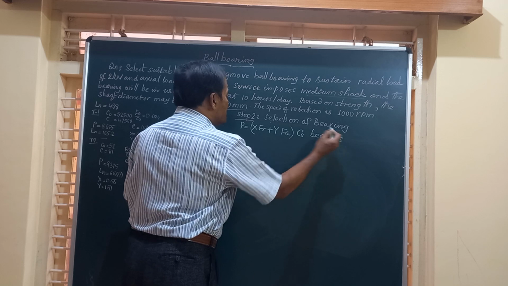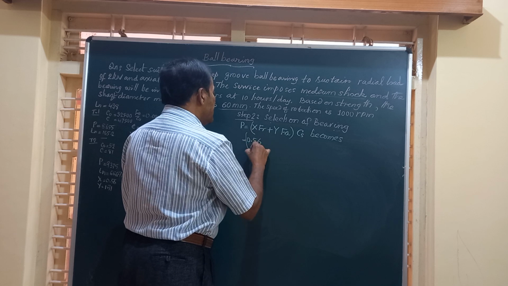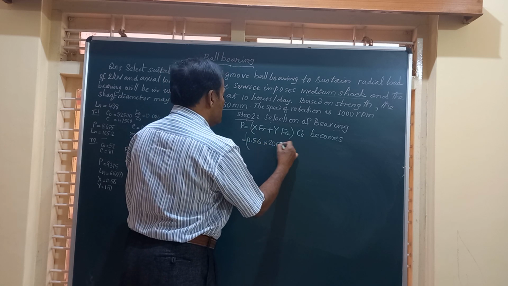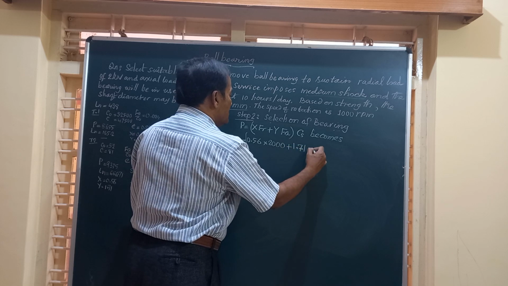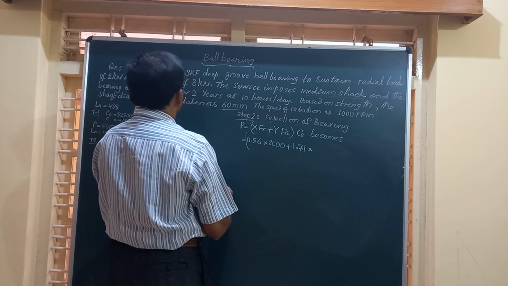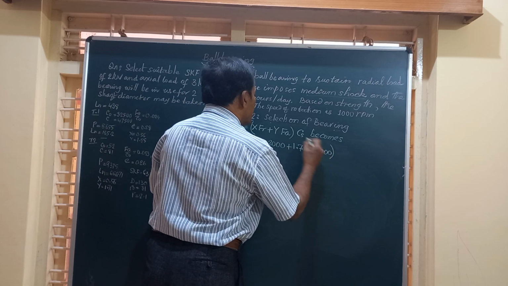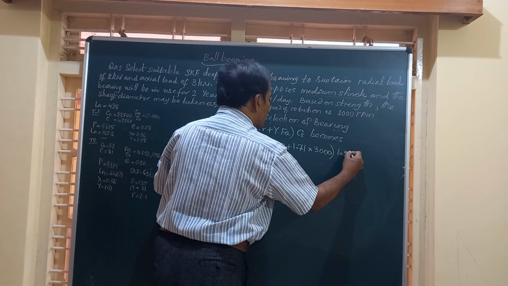We'll make the substitution. X is 0.56, radial load is 2000 Newton, plus Y is 1.71, FA is 3000, multiplied by service factor. Service is medium shock, so it is 1.5.